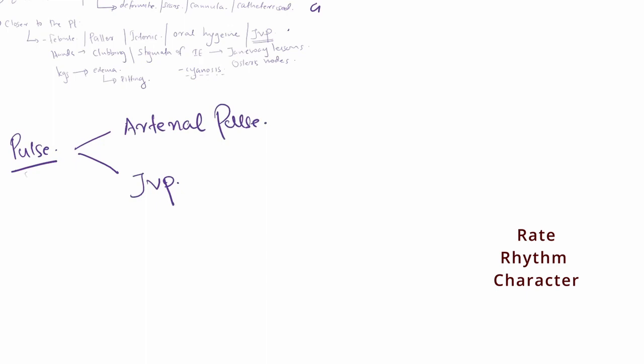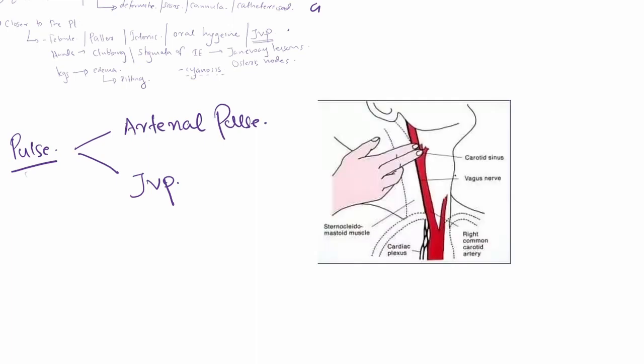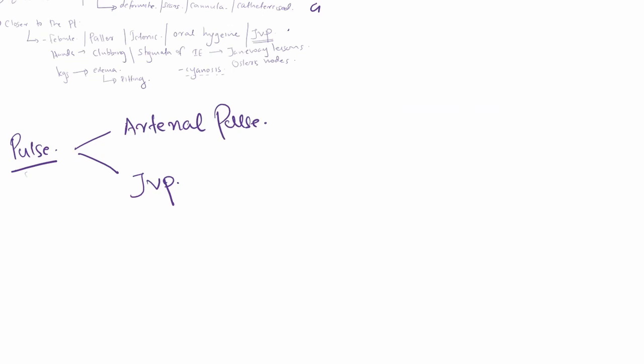And to appreciate the character of the pulse, you need to check it in the carotids. Then you have to check for a collapsing pulse, and then check for radio-radial or radio-femoral delay.